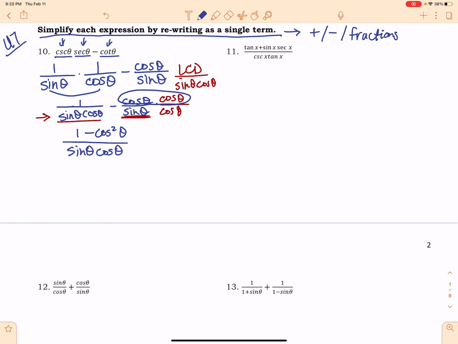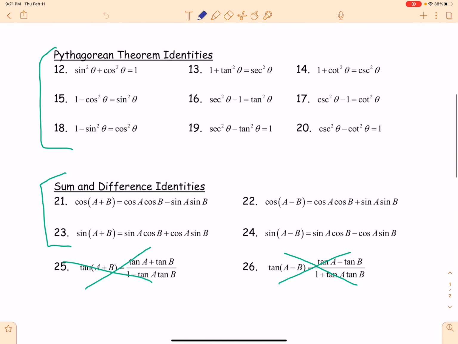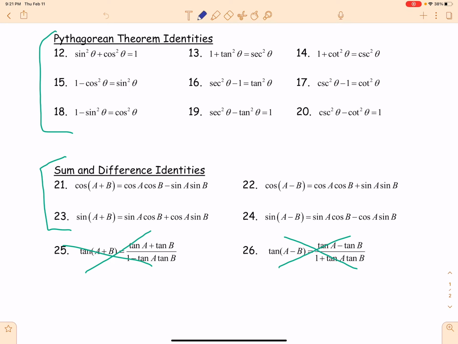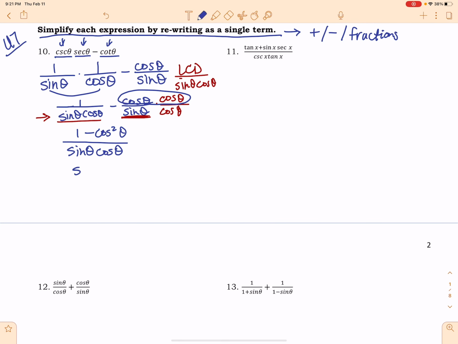But there's not really anything we can do from here. So I'm going to revisit my identities sheet, and I'm going to look at my Pythagorean identities. And there is one right here that I can use, 1 minus cosine squared theta. I can replace that with sine squared theta. So we are going to do that. And then I end up with a way to reduce this.